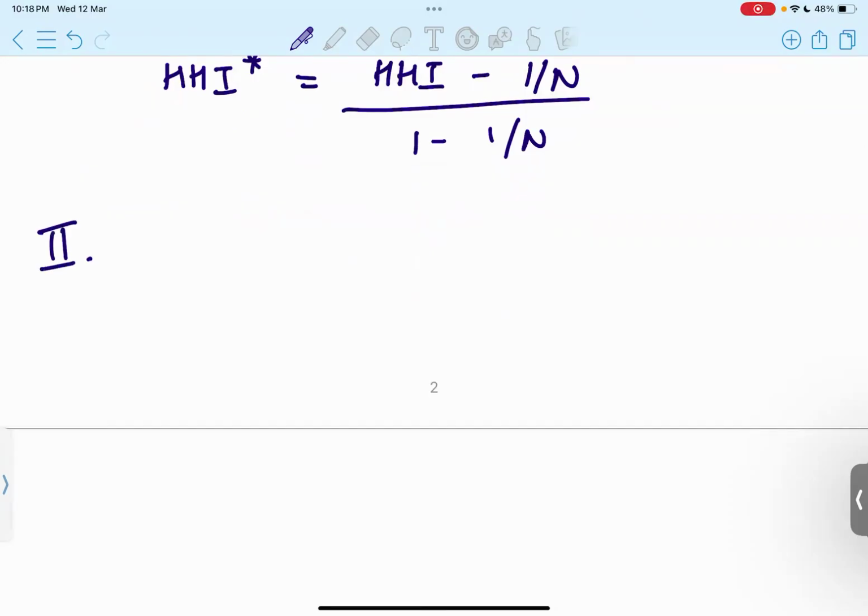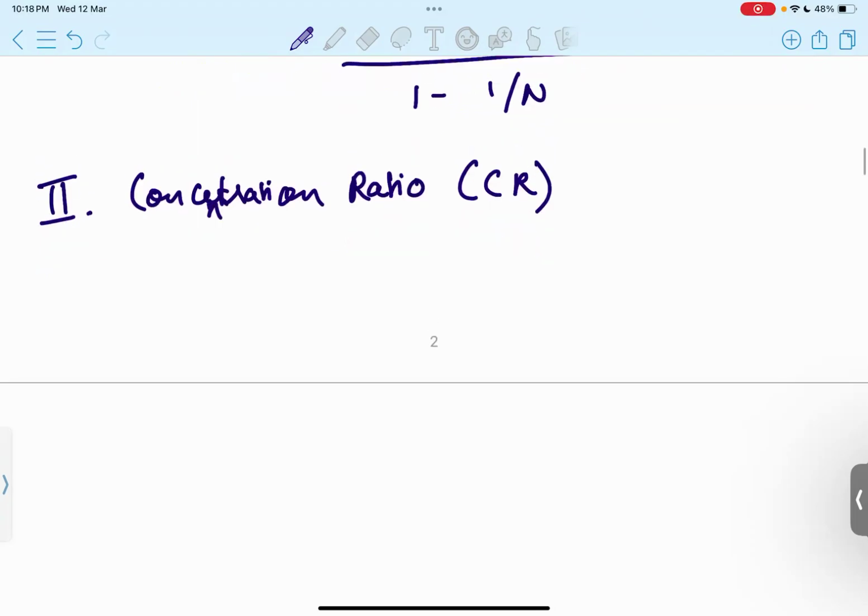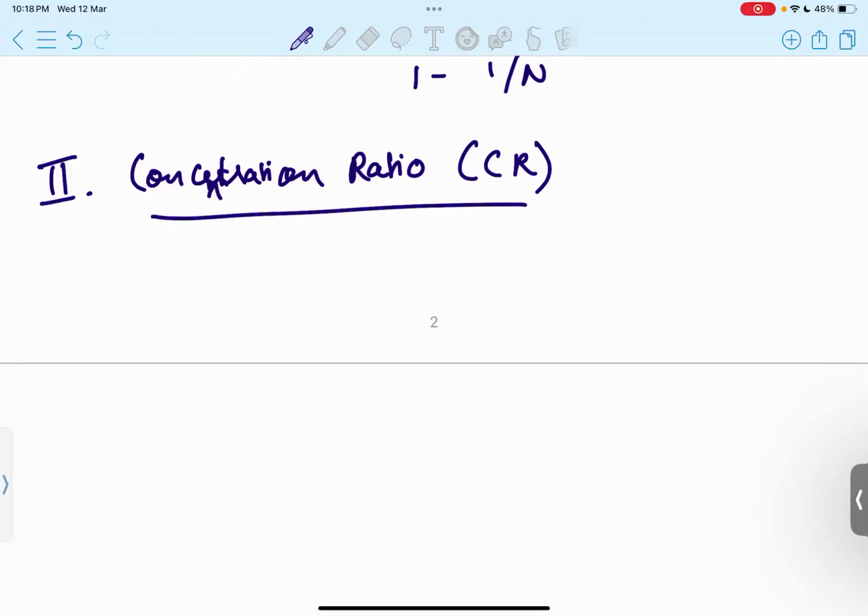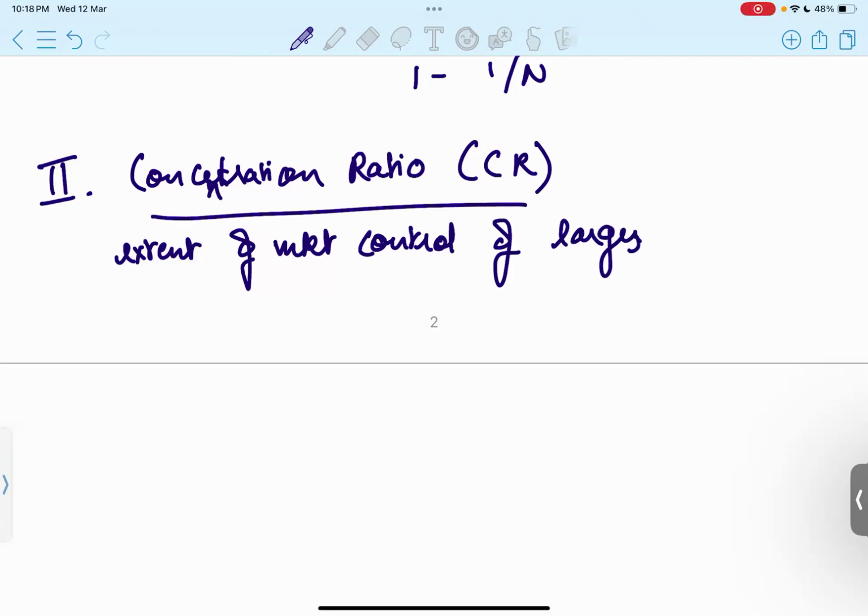The second one is the concentration ratio, CR. Again, this helps us in the same direction, but it measures the extent of market control by a single firm, the largest firm operating in the industry.